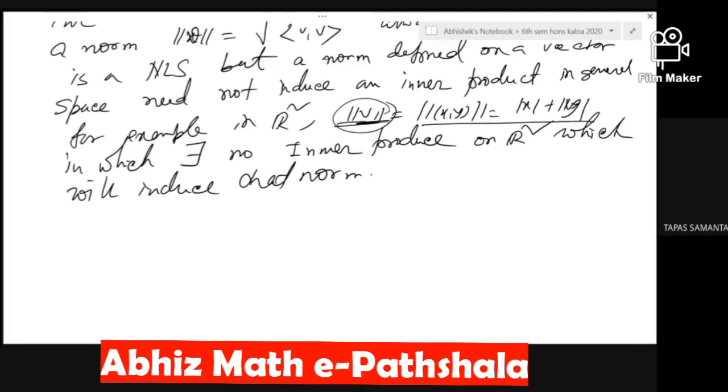Because it will not satisfy a property which an inner product space has, which is called the parallelogram law. That is, if a normed linear space satisfies the parallelogram law, then you can define an inner product which will induce that norm. And for our case, for this norm, the parallelogram law doesn't hold. You can check it.